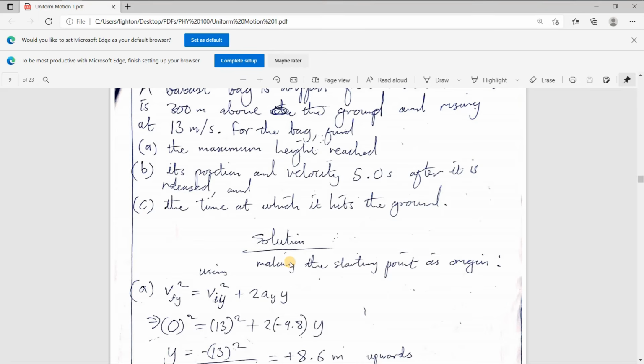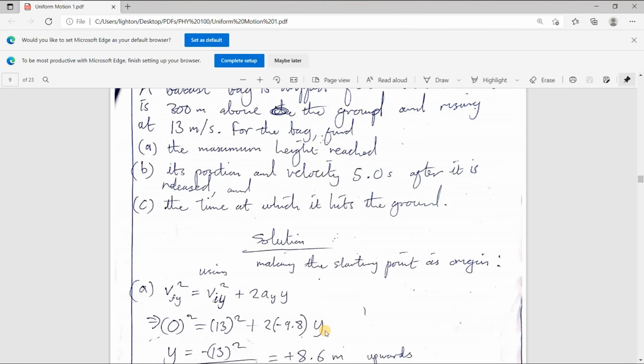When working out problems, you must choose which orientation is positive and which is negative. In this case, we've chosen up positive, down negative, and gravity is always downwards. That's why it has minus 9.8 times y.